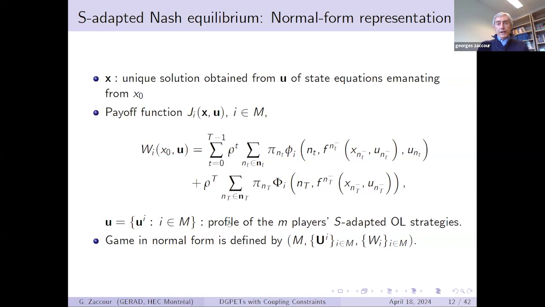So with u defined as the profile of the M players' adapted open-loop strategies, we have a game fully defined in normal form. To define a normal form, I guess everyone knows that you need a set of players, which we have here, strategies and payoff functions. Okay.